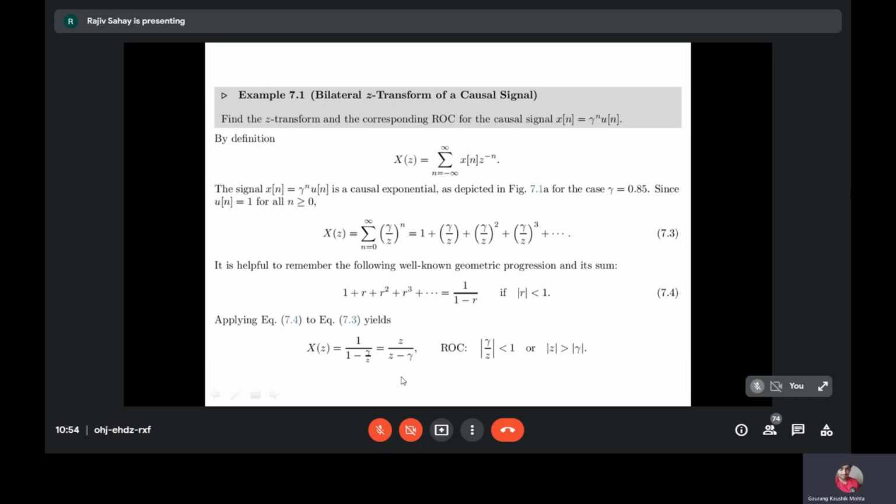So it is z by z minus gamma, and for this the ROC should be gamma by z less than 1, because in this expression gamma by z should be less than 1. So if you simplify this, this becomes mod z greater than mod gamma. Okay.